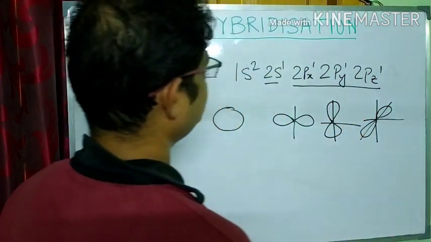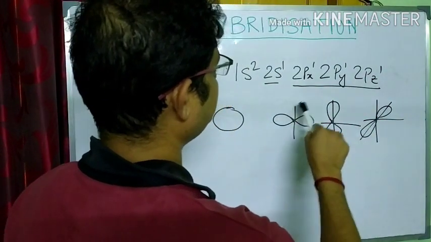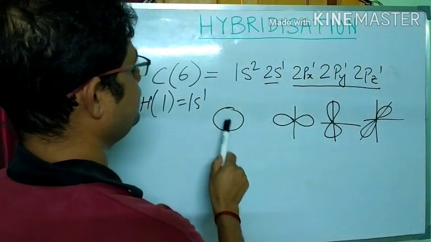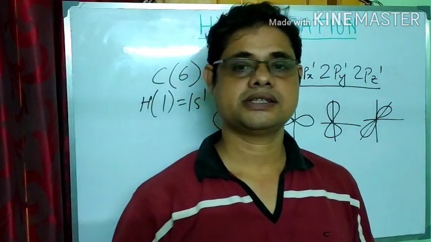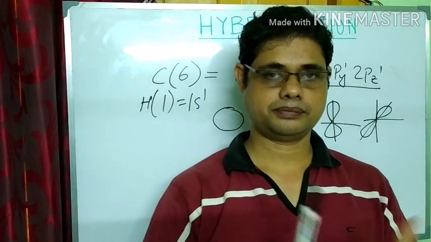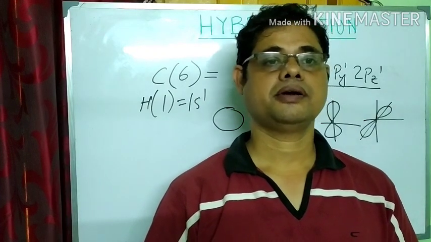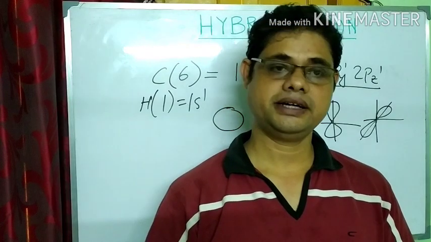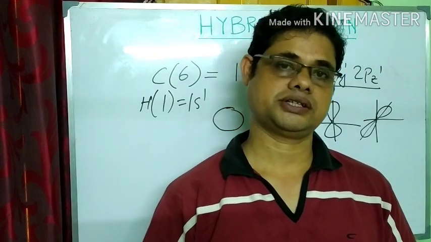This leads to the formation of 3 directed bonds at right angles and 1 non-directed bond with the s orbital. Now we get 2 different types of bond, but in fact in methane all carbon-hydrogen bonds are identical and it is a regular tetrahedral structure.